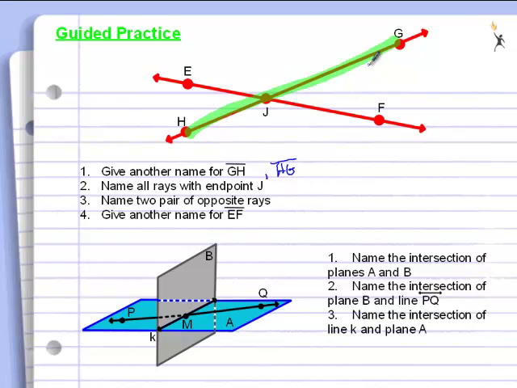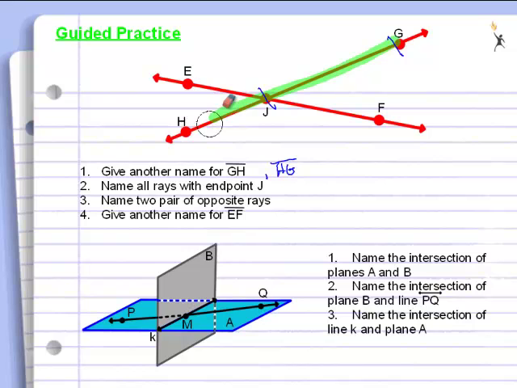It's the same line segment. You couldn't, however, say JG because that's talking about a smaller segment, or HJ because that's talking about a smaller segment too. You want to still talk about the entire line segment, but if you just flip the letters around, instead of going GH, we could call it HG. It's the same line segment, just flipping the letters around.